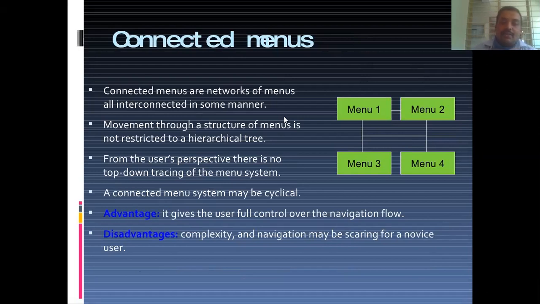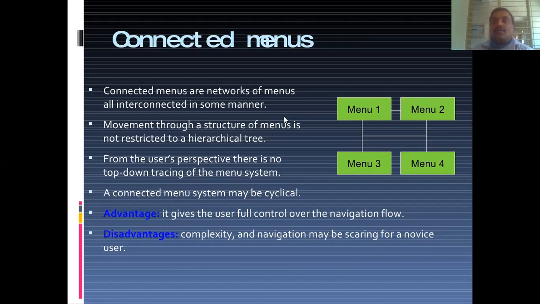From the user perspective, there is no top-down tracing of the menu system. In this connected menu, the user will not perceive that there is a tracing of a menu system. A connected menu system may be cyclical. In graph theory, you might have learned what a cycle is.